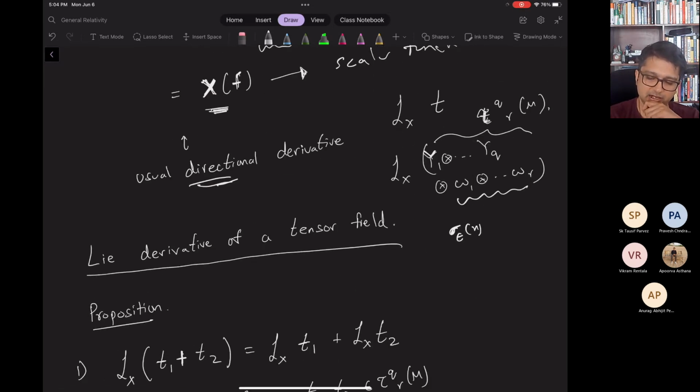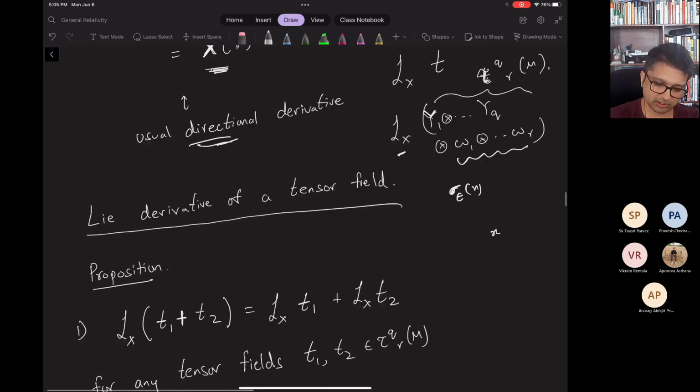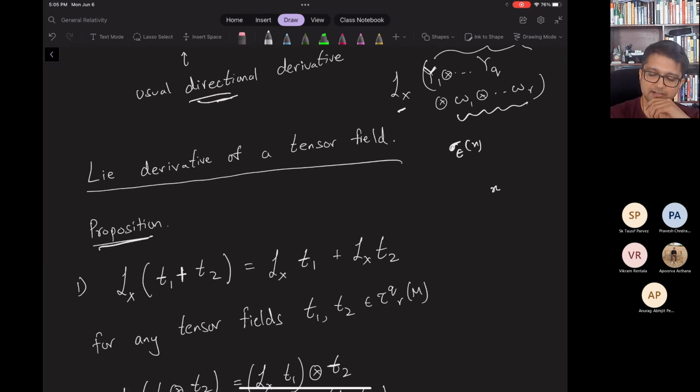And I take the difference between that tensor and the tensor at the point x. When I take the difference between the two in the limit epsilon goes to 0, that defines my Lie derivative. The claim, or proposition, is that this will result in some properties of the Lie derivative.